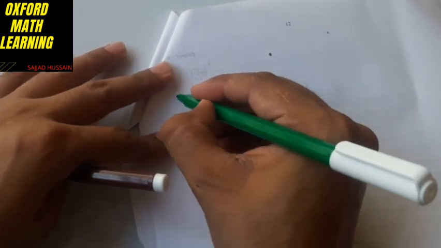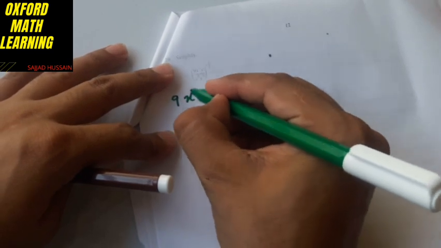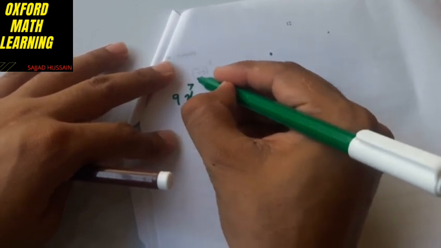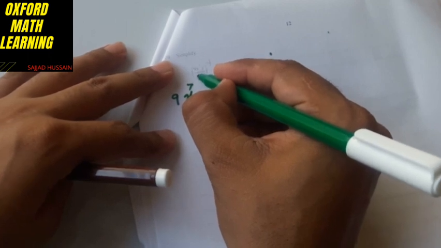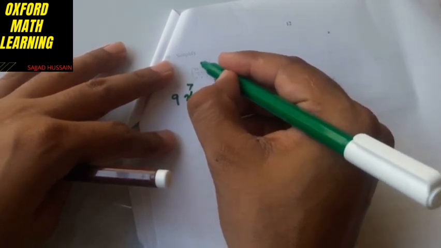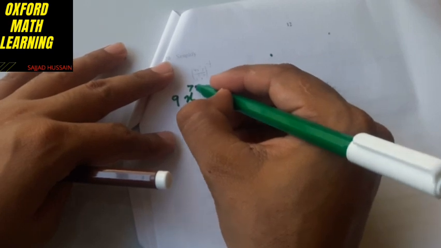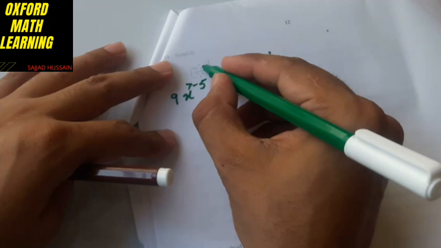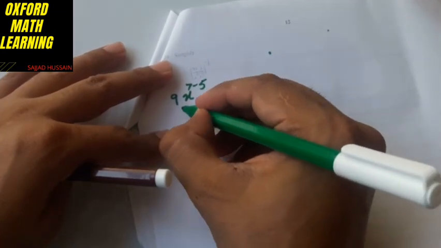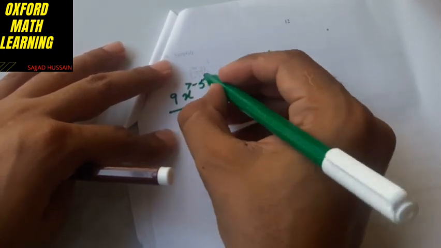So for x we can write 9 x to the power 7 here. When bases are the same, powers in the denominator in positive form will become negative in the numerator. So 5 will be subtracted. Then y will be on the downside by 9.